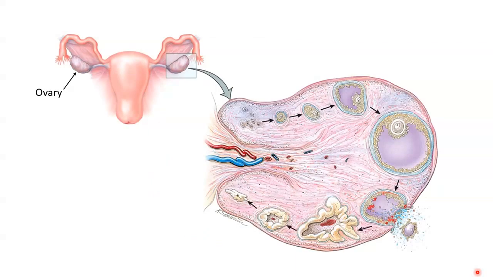Now, within each ovary are ovarian follicles, which consist of oocytes in various stages of development, plus the cells that surround them. We'll talk about these follicles and oocytes in more detail in the next lecture, but very briefly, these are the follicles here. So all of these are our follicles.